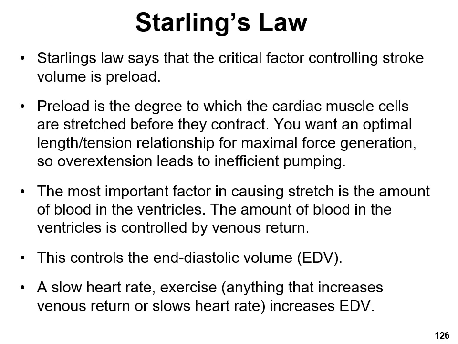So Starling's law, which is again the Frank-Starling principle, says that the critical factor controlling stroke volume is preload. Again, preload is the degree to which the cardiac muscle cells are stretched before they contract, and you want an optimal length-tension relationship for maximal force generation.